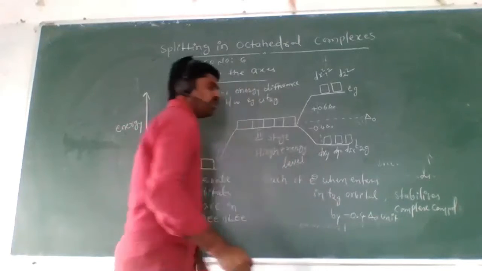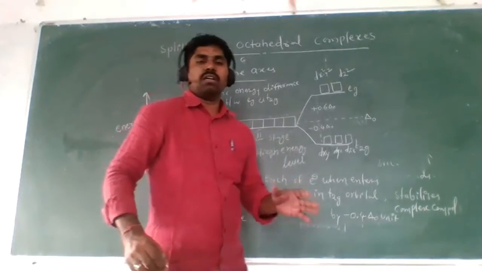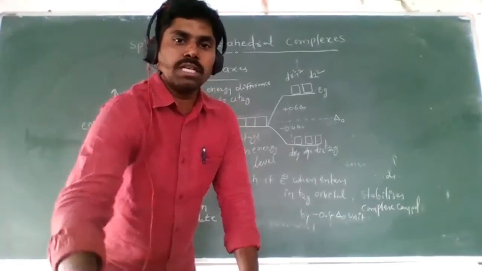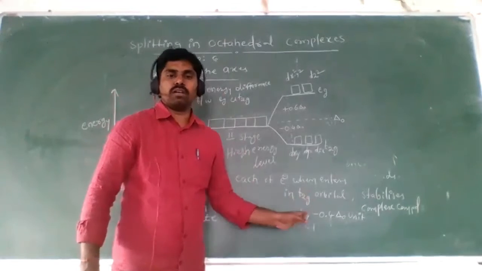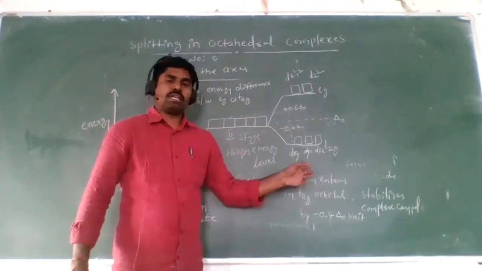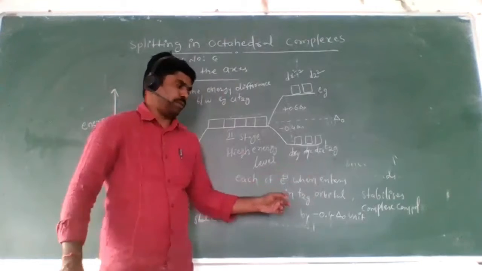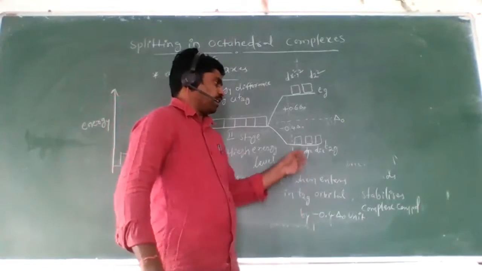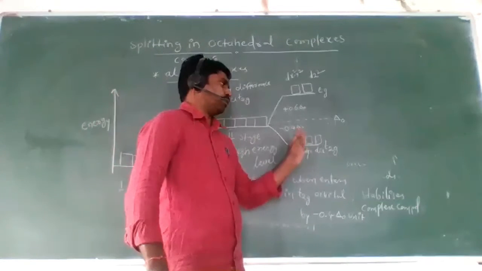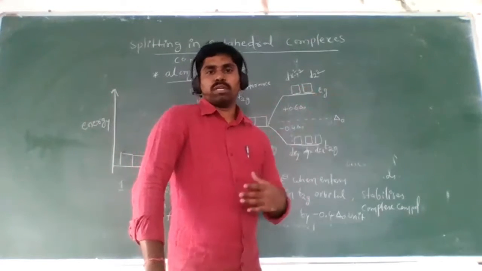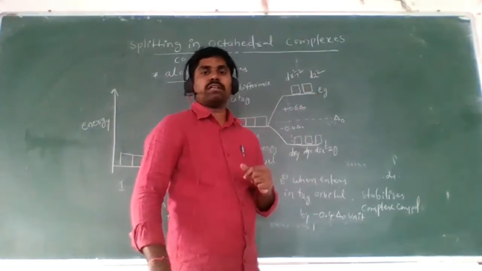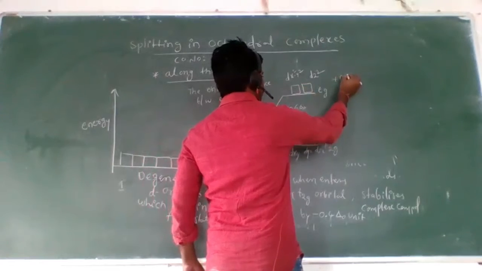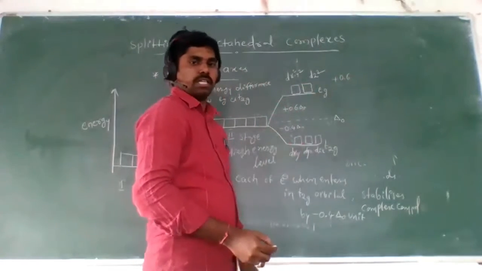Is that clear? Each electron, when it enters the T2g orbital, the complex is stabilized by the unit of minus 0.4 delta naught. Is that clear? Now see here, what is this plus 0.6? What is the indication here?